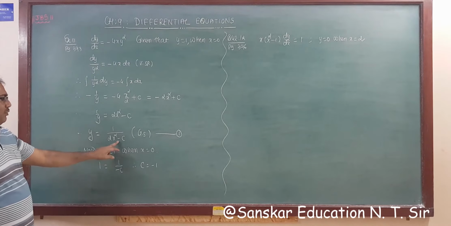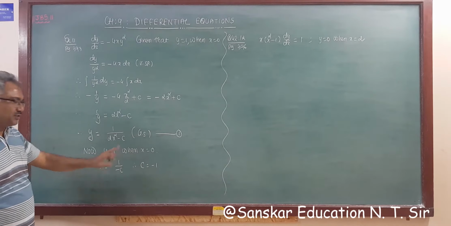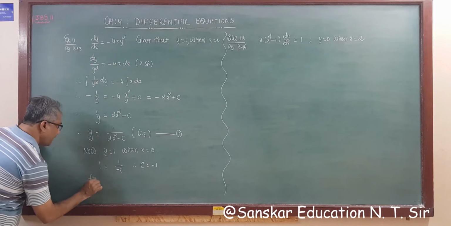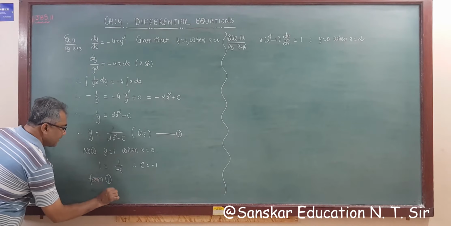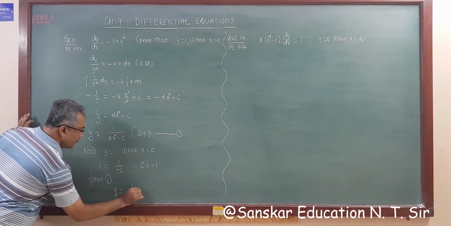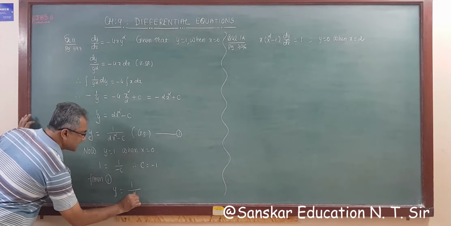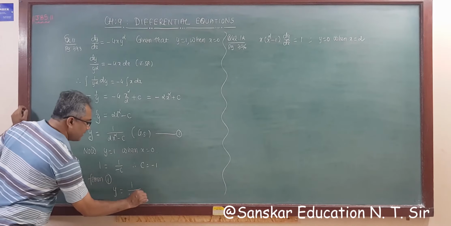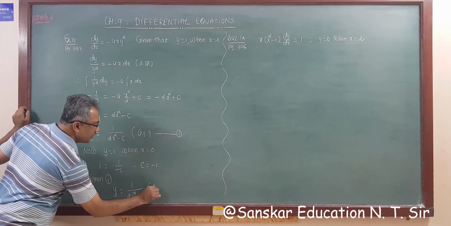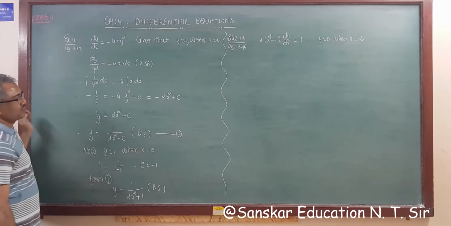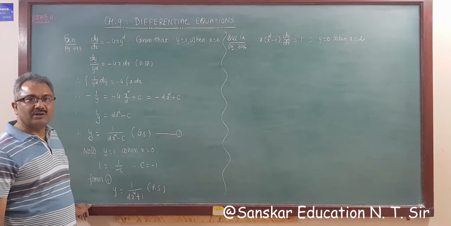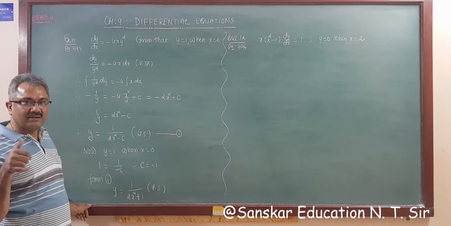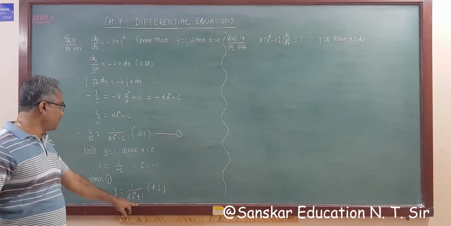Substituting the value of c in the general solution from equation 1, we get y is equal to 1 upon 2x square plus 1, which is your particular solution. This is the way to solve the equation with general solution and particular solution.